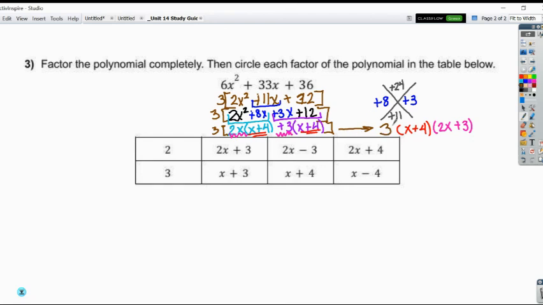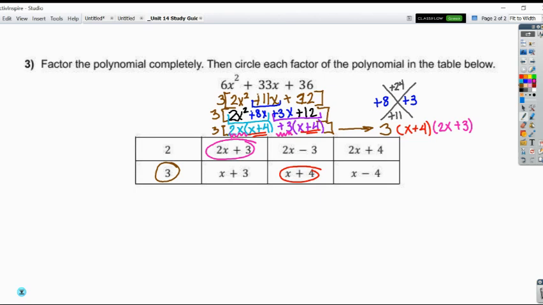So there are 1, 2, 3 things being multiplied together here in this completely factored form. So there should be 1, 2, 3 things that we circle in our answer. Greatest common factor of 3 needs to be included. The binomial of x plus 4 needs to be included. And lastly, the binomial of 2x plus 3 needs to be included in our response.